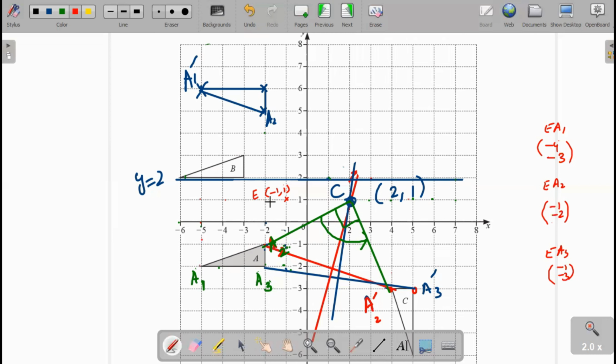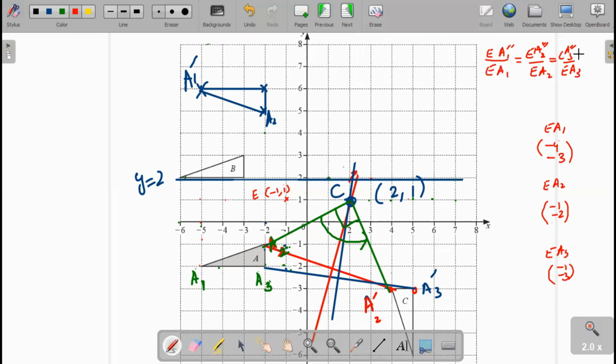And we know the scale factor of the enlarged figure is -2, therefore we can write the image points of the enlarged figure as A1 double dash, A2 double dash, and same as A3 double dash. Therefore, EA1 double dash over EA1 equals EA2 double dash over EA2 equals EA3 double dash over EA3.